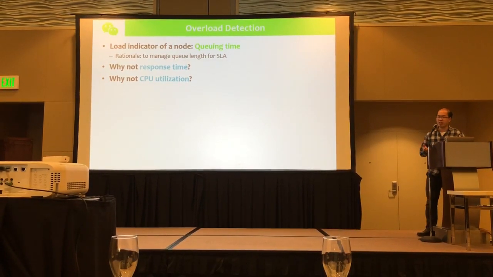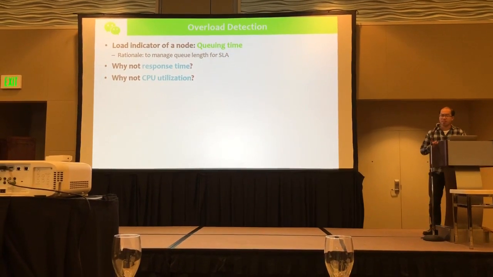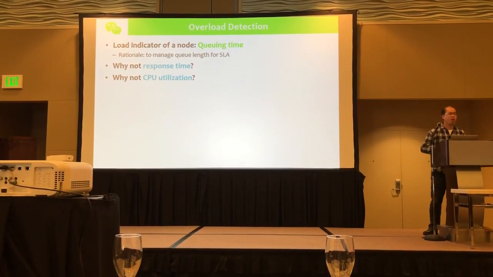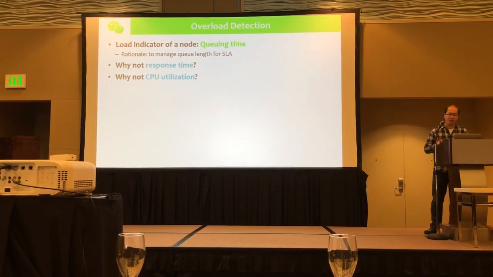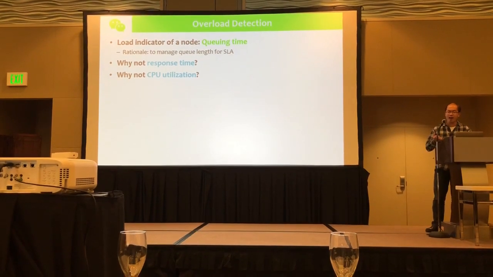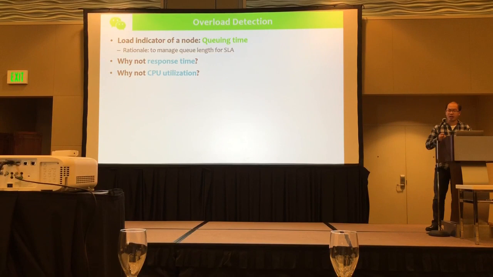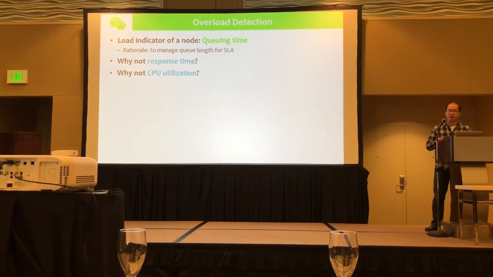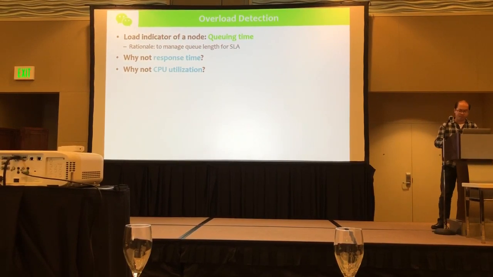And also another indicator, the CPU utilization. CPU utilization is very intuitive, but it's not the right indicator, because even if a server has high CPU utilization, it may still process requests very quickly, so it's not overloaded.